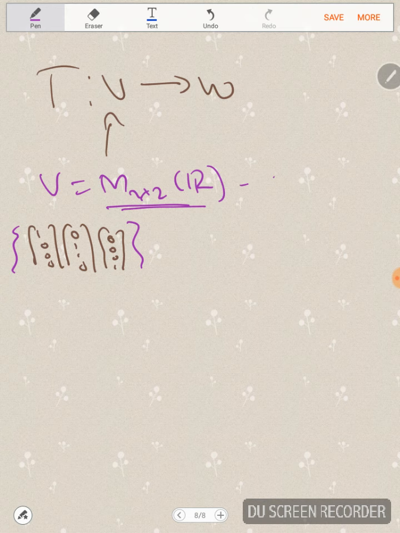I think I forgot to mention this, but alpha is the basis vector for each space. So alpha is the basis vector for V, and beta is for W. We need to write it in terms of the basis vector alpha, which was V1 to V4.